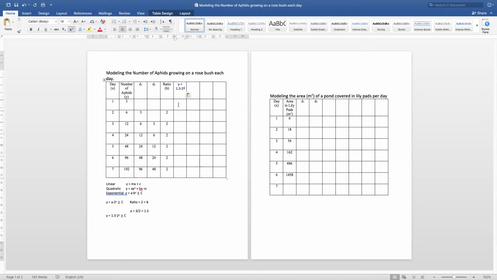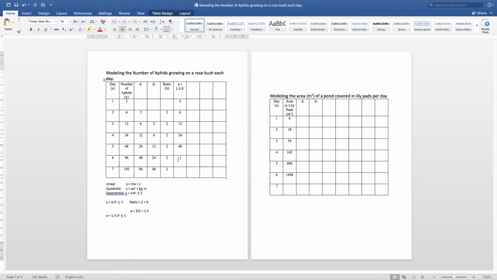So 2 to the power of 1 is 2 times 1.5 is 3. 2 to the power of 2 is 4 times 1.5 is 6. 2 to the power of 3 is 8 times 1.5 is 12, and so on down here. So this is actually our constant, and it tells us that there is not going to be any c term in this particular case.